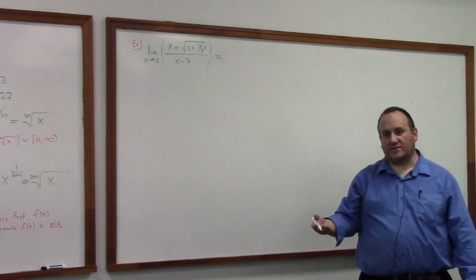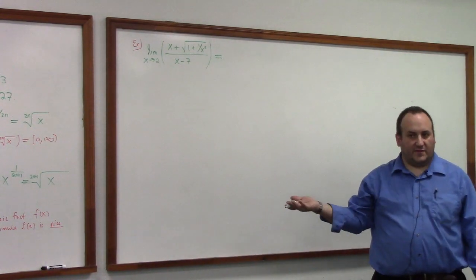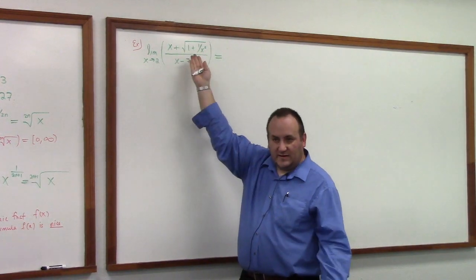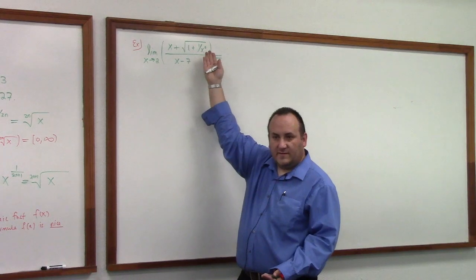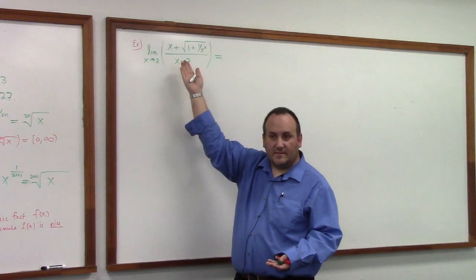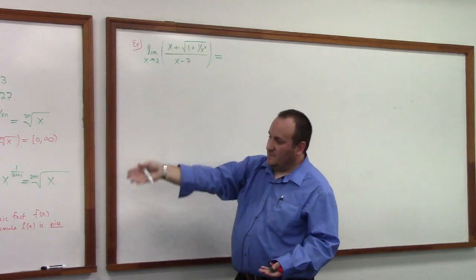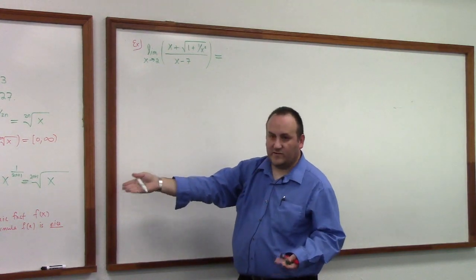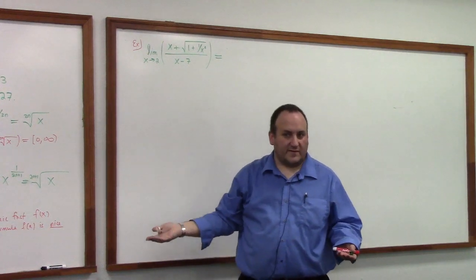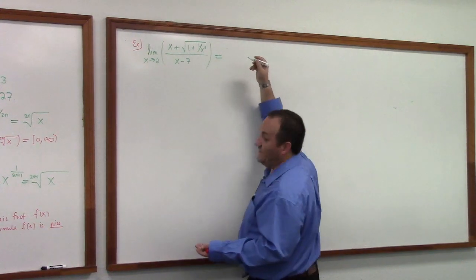I've got a division, an addition, a square root, right? These are algebraic operations. What this theorem says is just try plugging in the number. And if it works, it works. If it doesn't, well, we'll talk about that in a second.